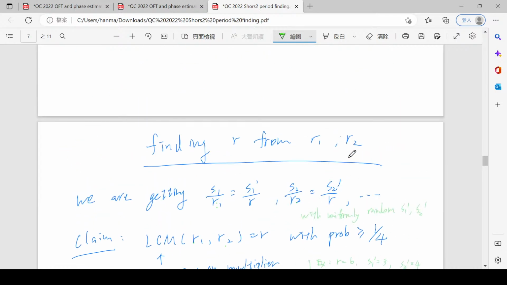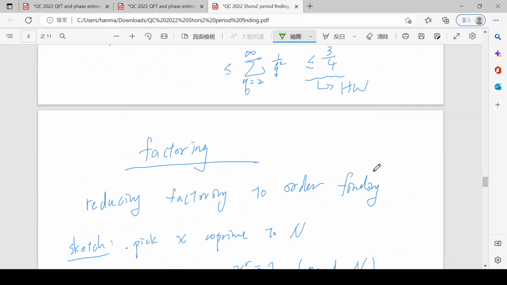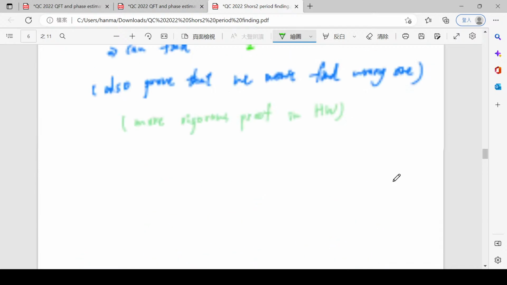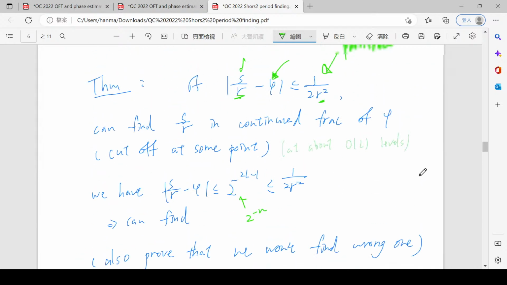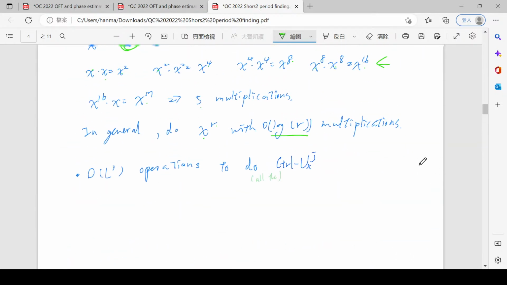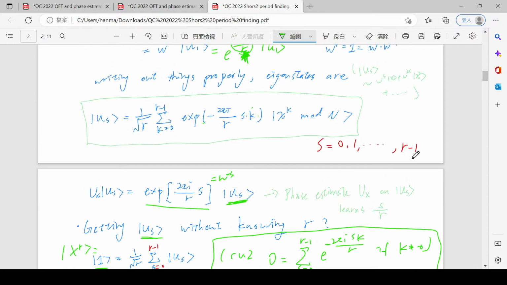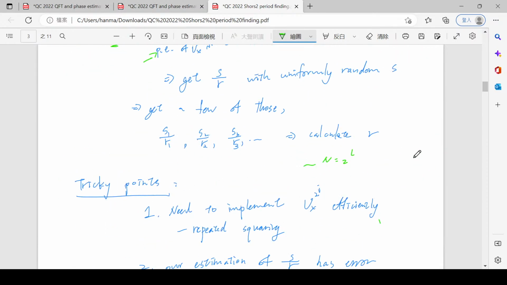Okay, and so that basically finishes the order finding, right? So we've shown how to do order finding. Let's go through once again our beautiful algorithm.